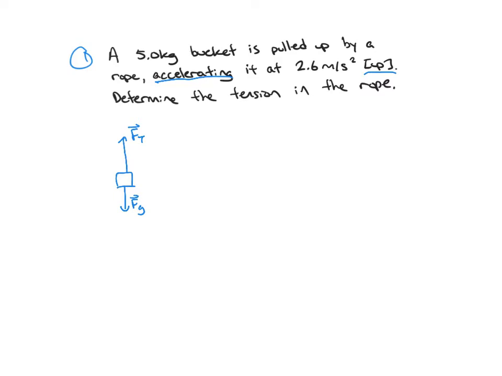Make a list. So I've got the mass of 5 kilograms, and I've got the acceleration, 2.6 meters per second squared up. I have to find the tension, so I'll list that as a question mark.